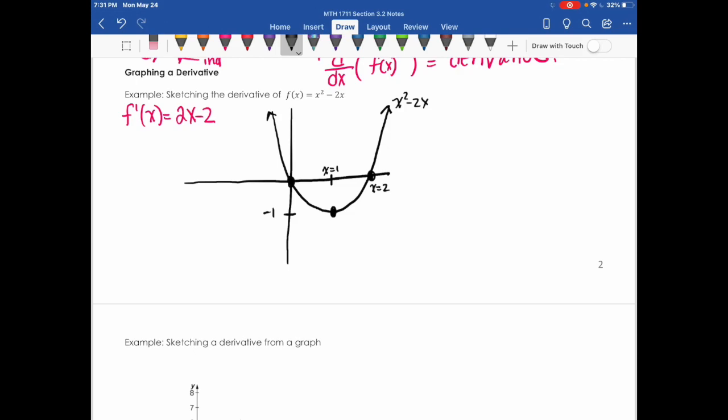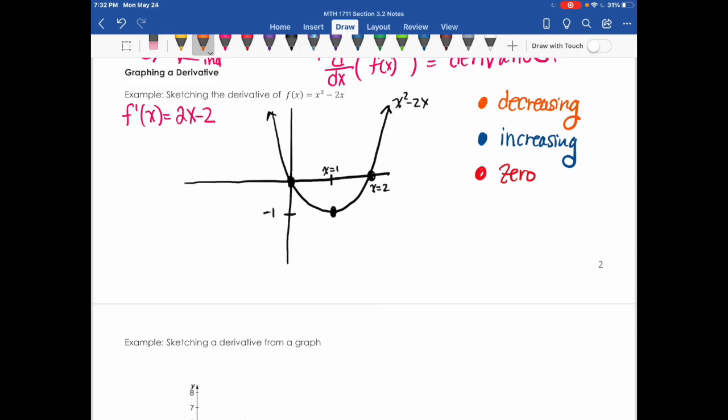If I wanted to use this graph to sketch the derivative of f of x, this is what we're going to do. I'm going to use orange. I'll use blue for increasing. And then I'll use red for 0.